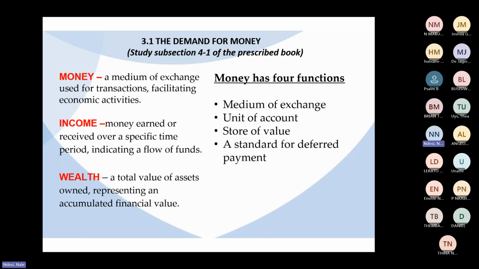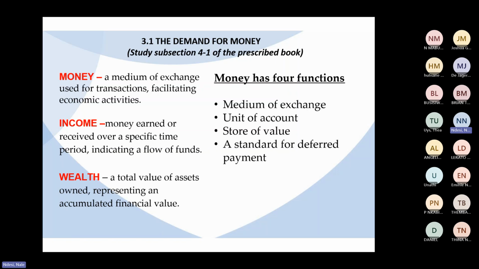And lastly, money's function as a standard of deferred payment means that it's used to make arrangements for future payments, like loans or contracts, where the value of the transaction is expressed in a monetary unit and is expected to be settled later. Essentially, this allows us to buy goods or services today and pay for them later, which is important for credit transactions and long-term contracts.